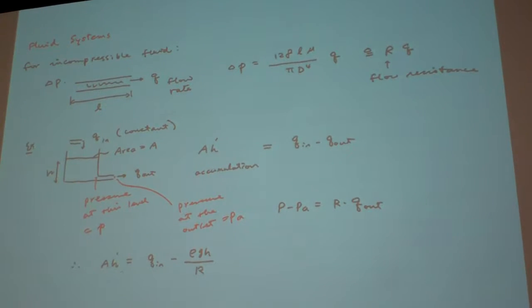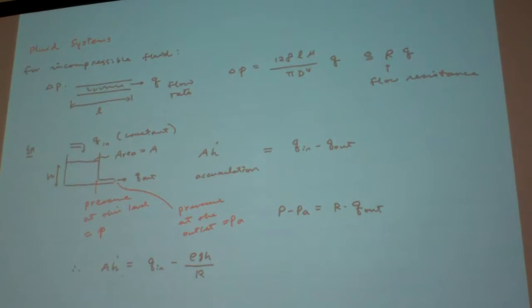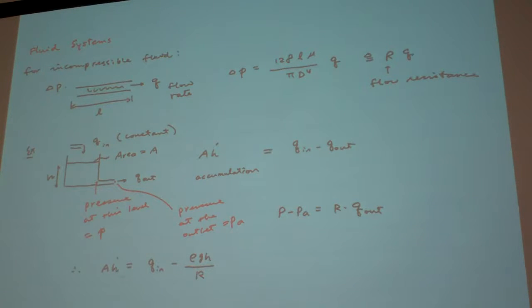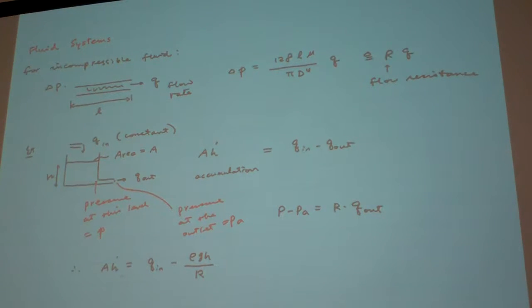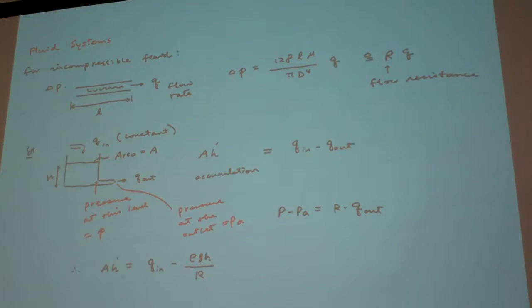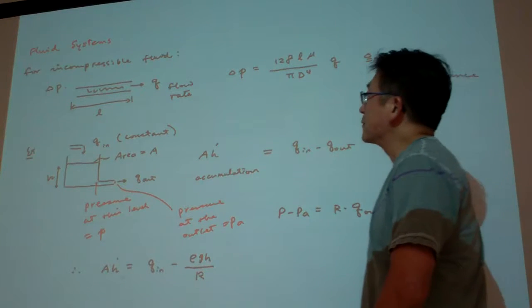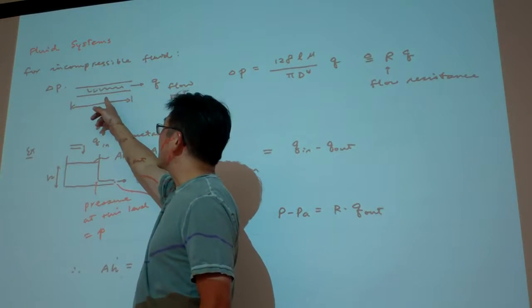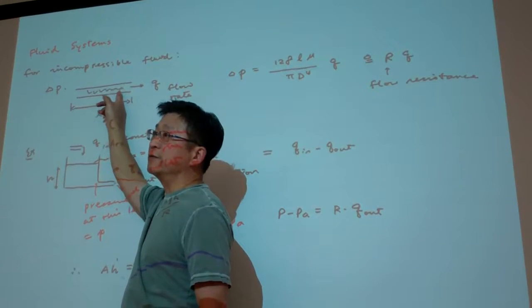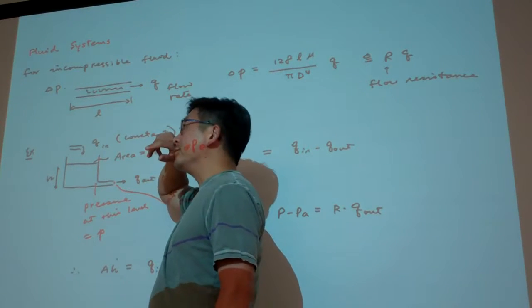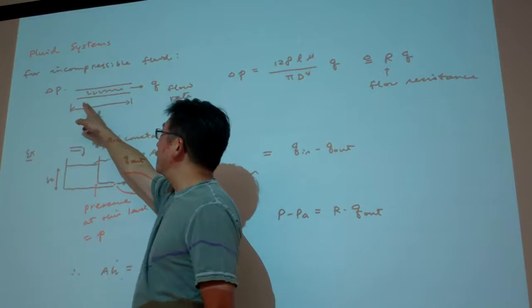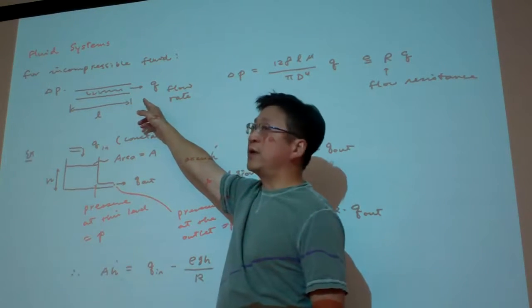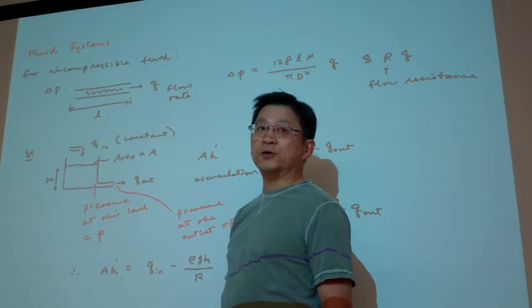So this is a fluid system. And for fluid system, basically what we are taking care of here is what we call the resistance, the fluid resistance, the flow resistance. For example, if this is a pipe, and this is called the pipe flow, and we know for fluid to flow through the pipe, we need to apply the pressure.